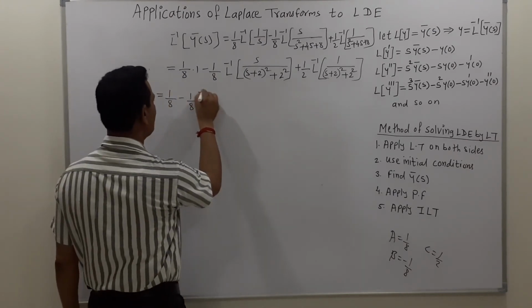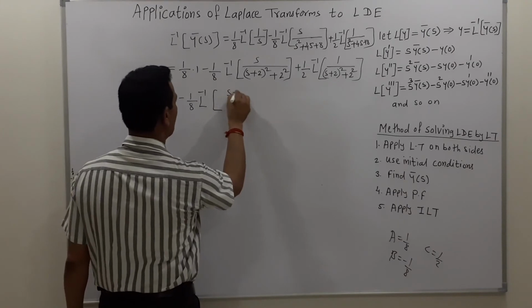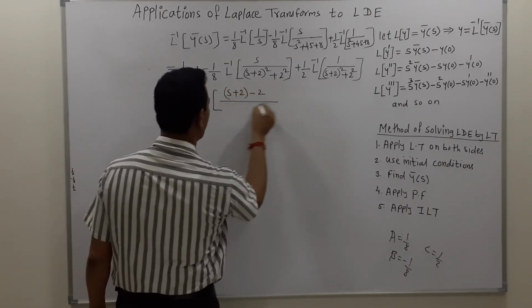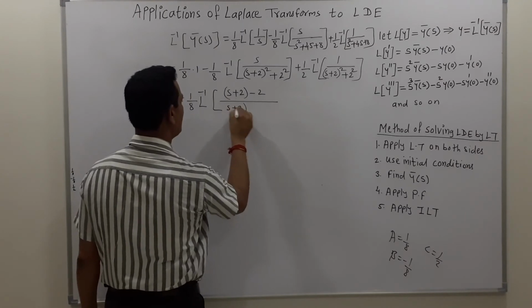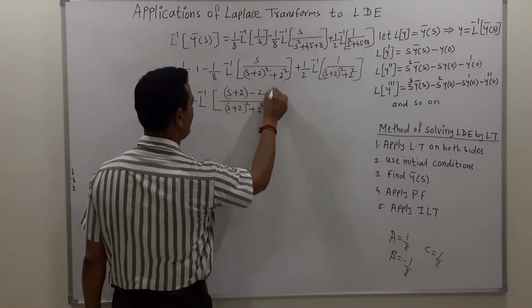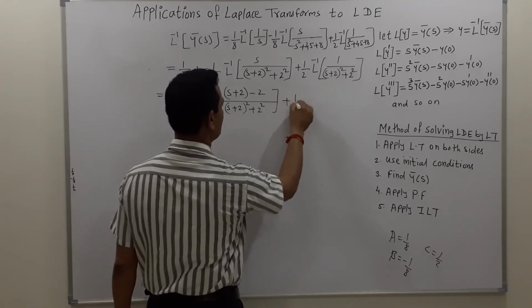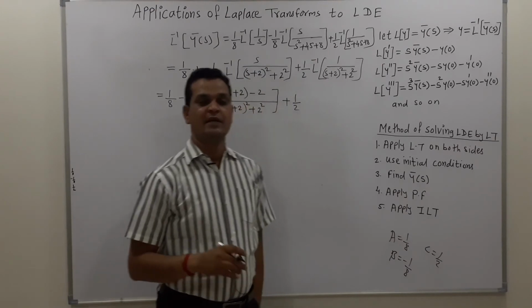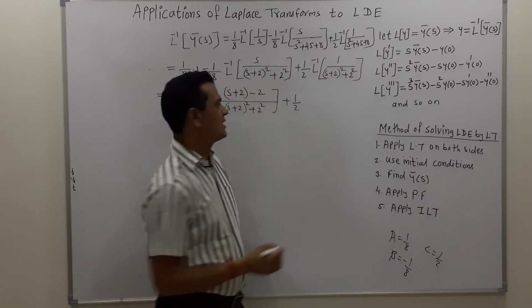So we rearrange this as inverse Laplace transformation of s plus 2, then minus 2, divided by s plus 2, its square, plus 2 square. Now this is plus 1 upon 2. Now straightforward, this equation is in the form for the second shifting theorem for inverse Laplace transformation.